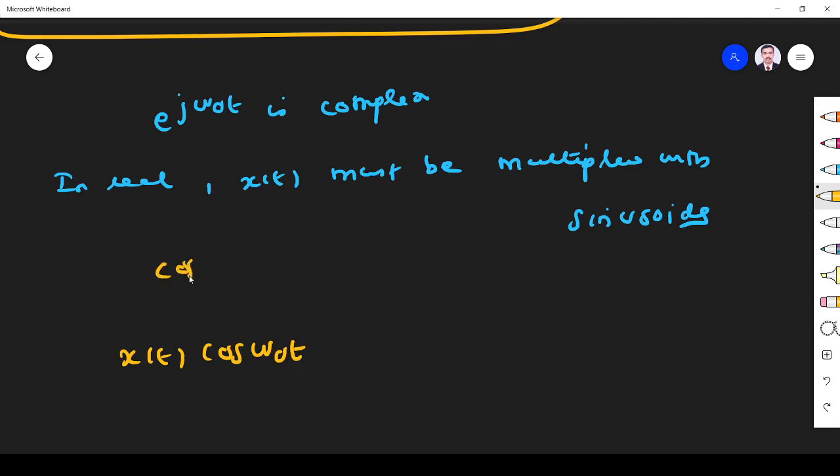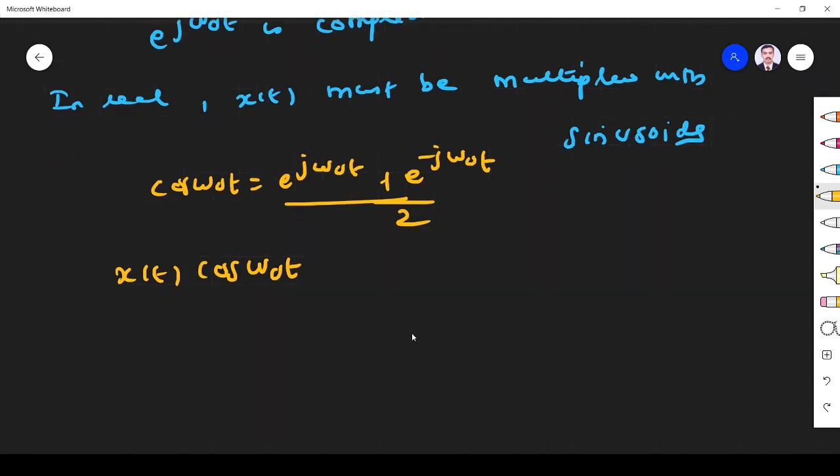We know that cos omega naught t is equal to e power j omega naught t plus e power minus j omega naught t, divided by 2. Multiplying with cos omega naught t is equivalent to multiplying with e power j omega naught t plus e power minus j omega naught t by 2. In real time we do this only.